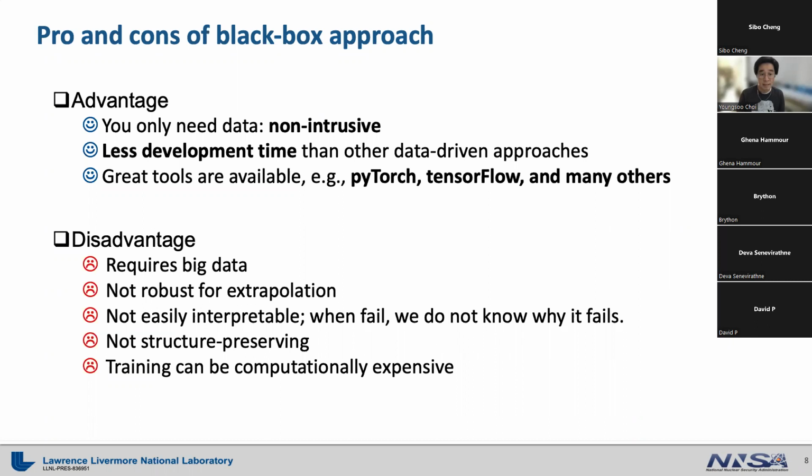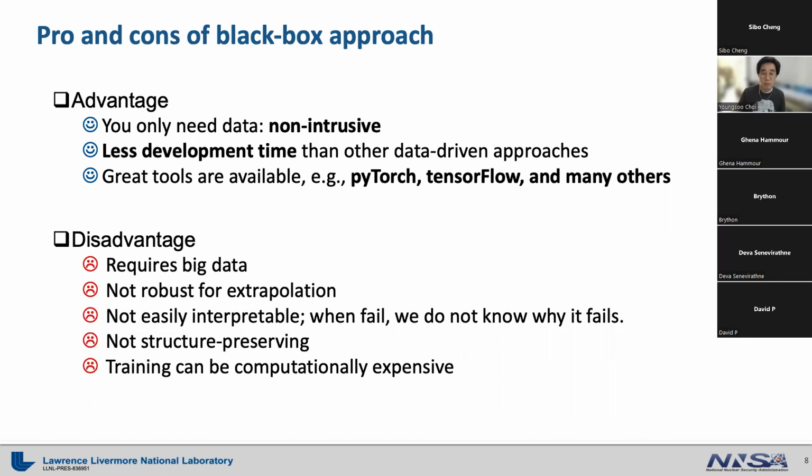That is, it is not robust for extrapolations. Plus, the model itself is not easily interpretable, as I mentioned in the previous slide. What if it fails? We do not quite understand why it fails. When it does the job, we do not quite understand why it does the job.